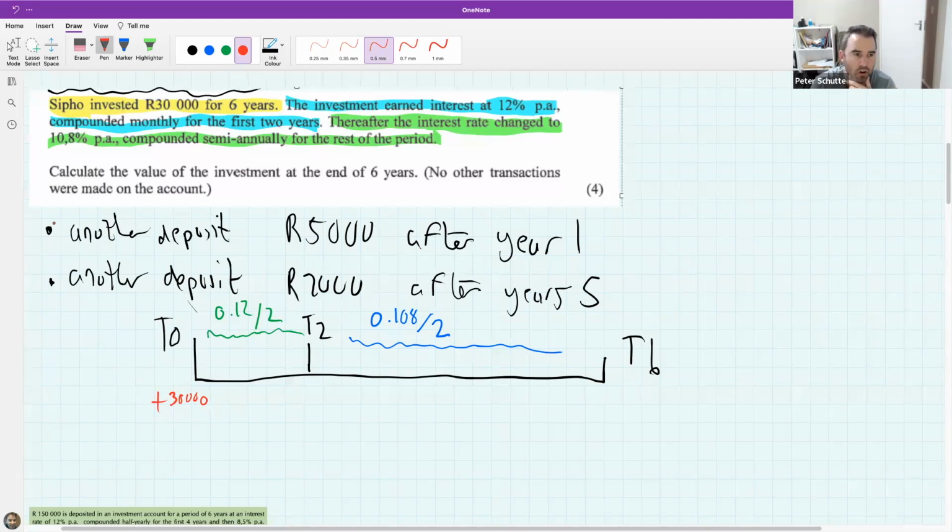But now there are these interesting things over here. And all I need to do, and this is what's wonderful about maths, it's so beautifully succinct and elegant, is that you go, this comes on the scene at the end of year one. So I'm going to put a T1 to show me visually that's when this amount arrives. And below that, on a separate row, so I don't mix it up, I'm just going to put plus 5,000.